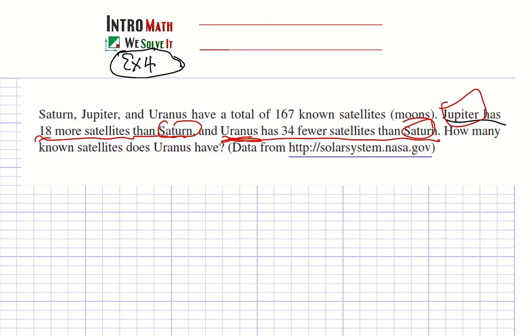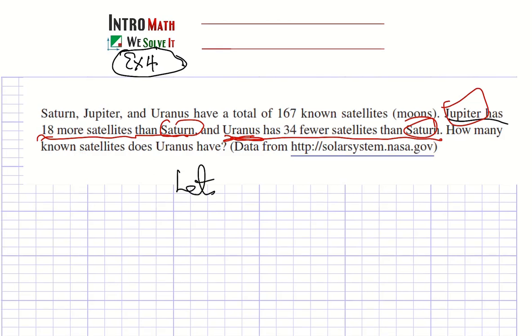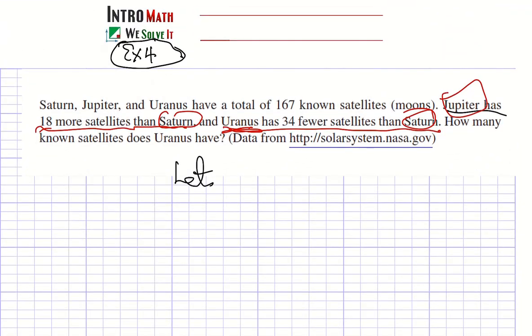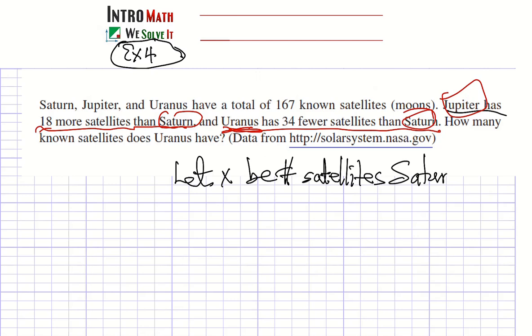Saturn is the key. So we'll say, let X be the number of satellites belonging to Saturn. Okay. Is that Satan or Saturn?